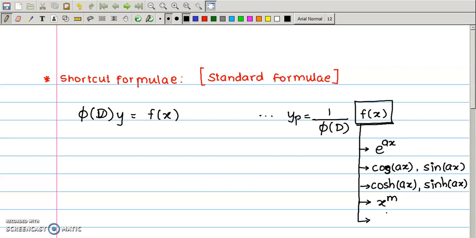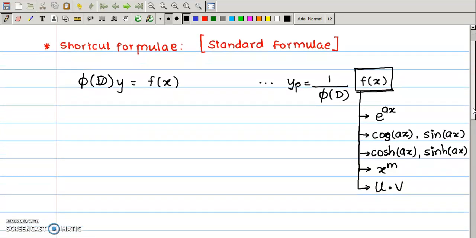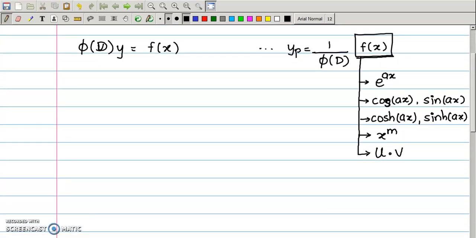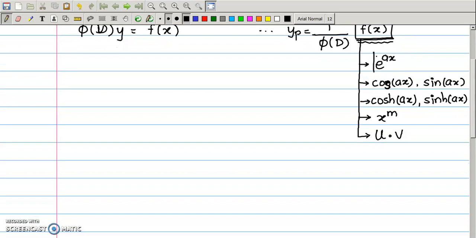And fifth type is if your function f of x is product of any two functions, that is u into v type. So these are 5 standard type of functions. So we have to define shortcut formulas or standard formulas for these standard types to find particular integral. So we first deal with the exponential function.